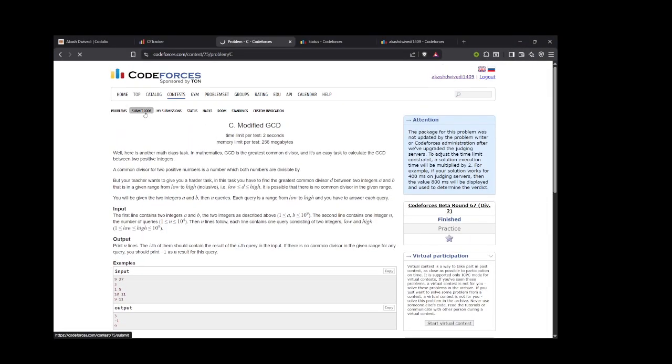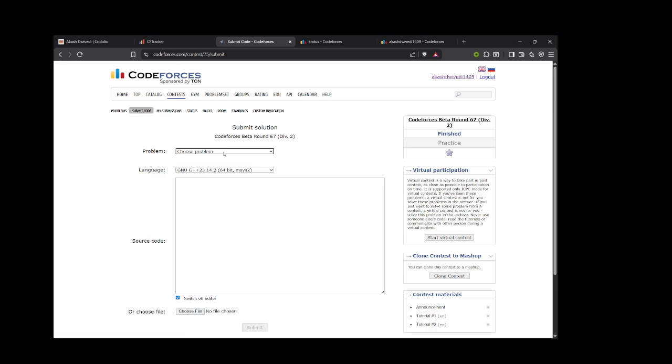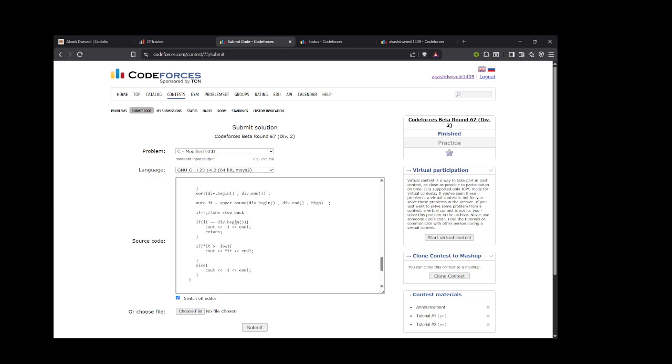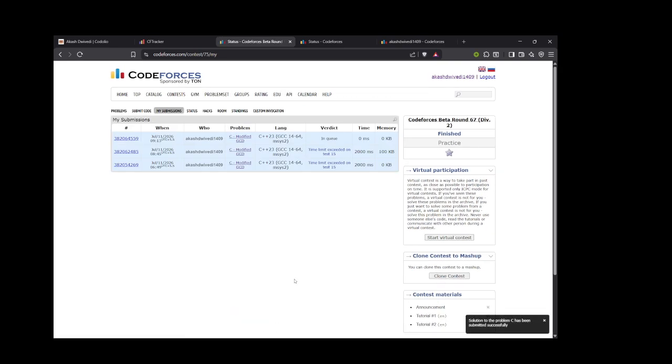And yeah, problem C, modified GCD. I hope the problem name is correct. First modified GCD is there, and I think I have submitted the right solution. Now it should pass. Let's wait for a while.